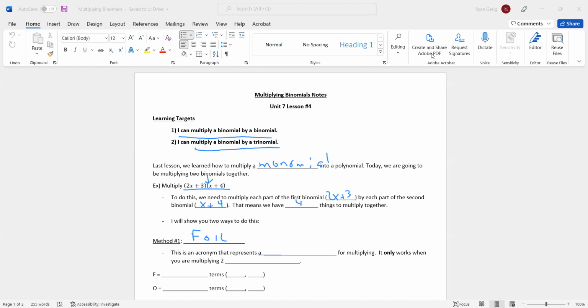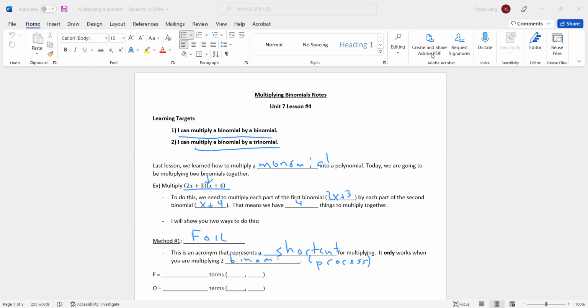I'm going to talk about that in a little bit. It's an acronym that represents a shortcut for multiplying, or you could almost think of it as a process for multiplying. It only works when you are multiplying two binomials.